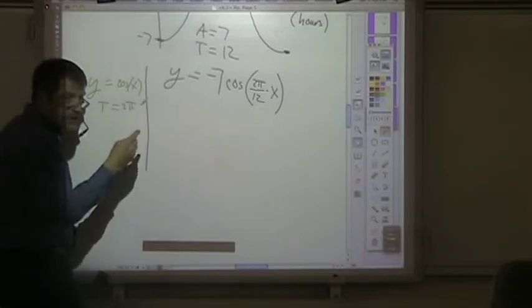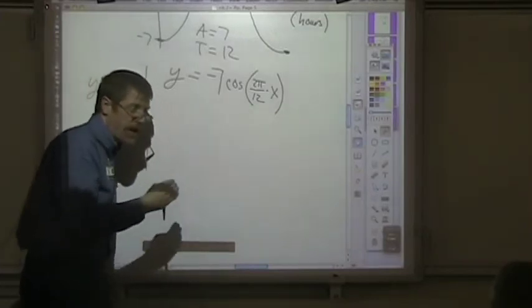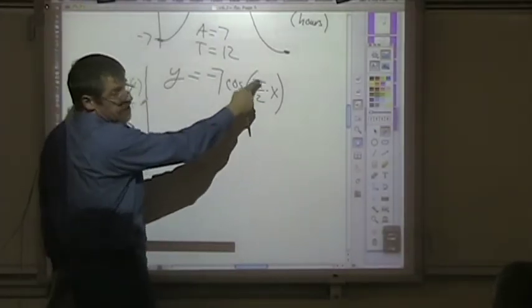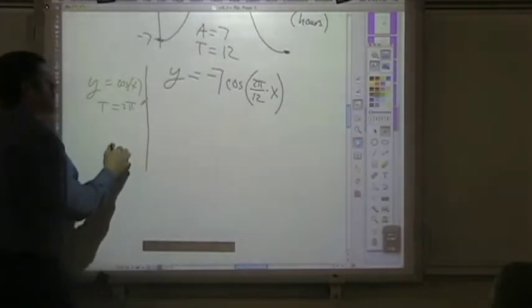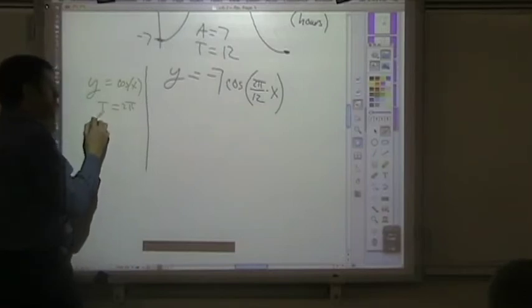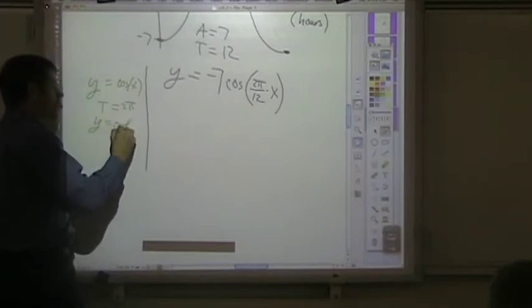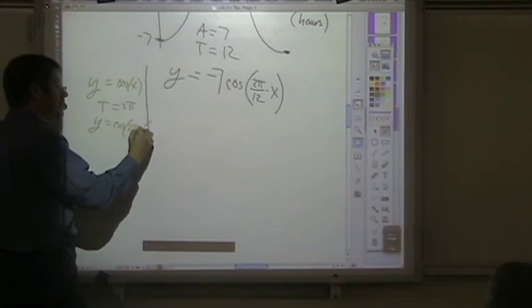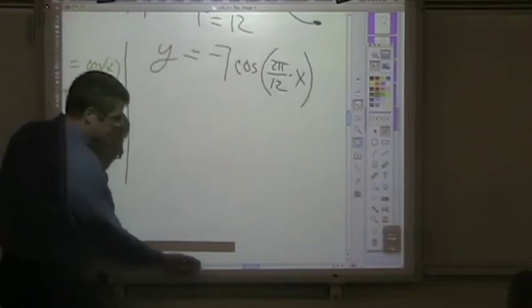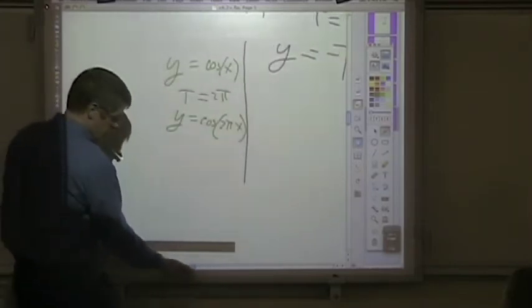Now what you can do is look at a sequence of problems to see how you can always get the period put under a 2 pi in order to make it work. If the parent function has a period of 2 pi, then what would the period of cosine of 2 pi x be? I'm going to zoom in on this so that people can actually see what I'm writing. It's a little bit tiny.